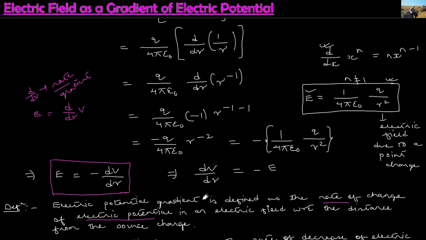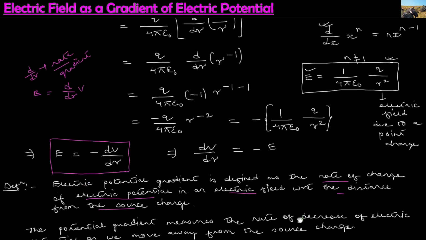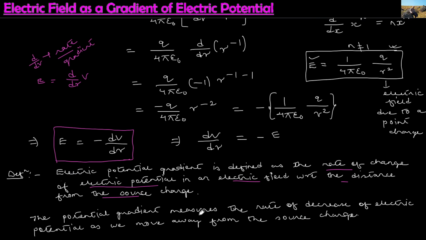So the electric potential gradient is defined as the rate of change of potential in an electric field with respect to the distance from the source charge. And keep in mind that this measures the rate of change as we move away from the source charge, which means that if I take this as the plus charge, and this distance from point O up to point P, then as distance increases, the electric potential will decrease.